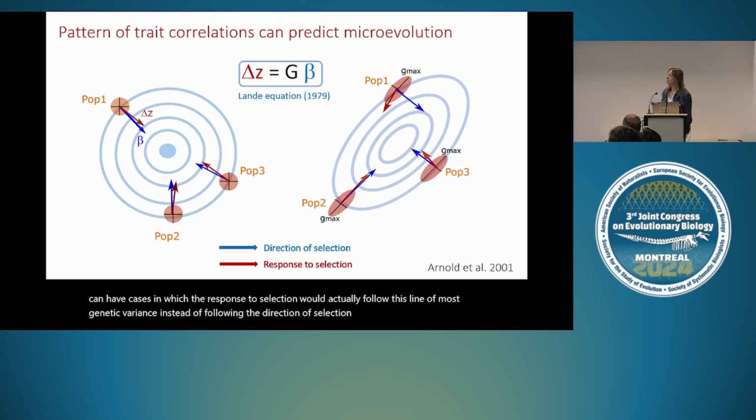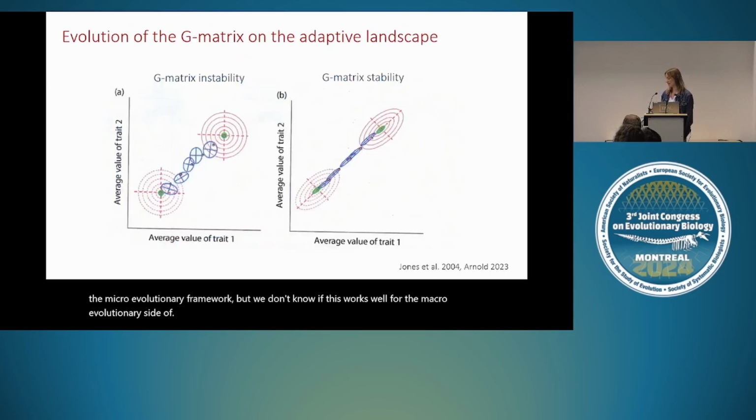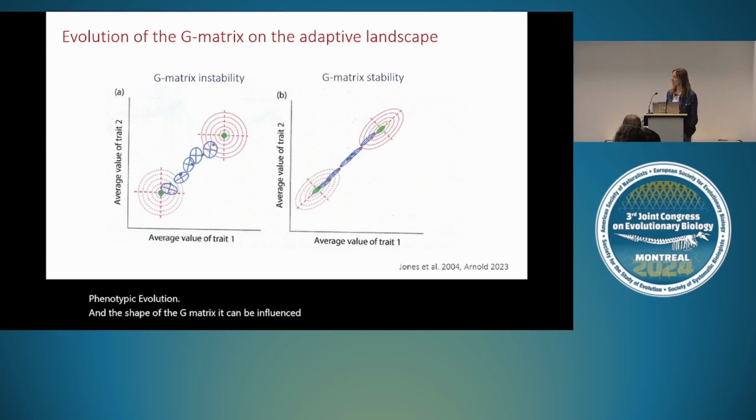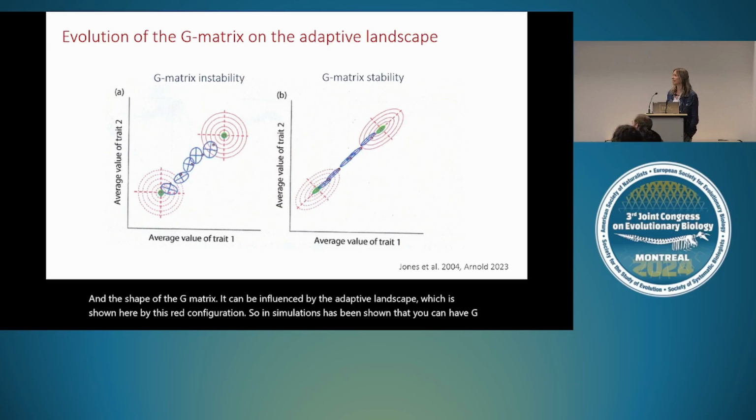So this works pretty well in the microevolutionary framework, but we don't know if this works well for the macroevolutionary side of phenotypic evolution. And the shape of the G matrix can be influenced by the adaptive landscape, which is shown here by this red configuration. In simulations, it has been shown that you can have G matrix instability, meaning that the shape can change a lot in orientation with a shift in the peak.